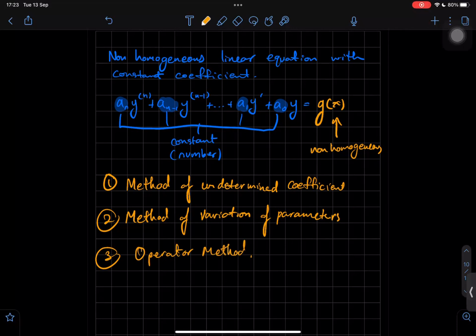So there are 3 ways. How are we going to solve the non-homogeneous linear equation?